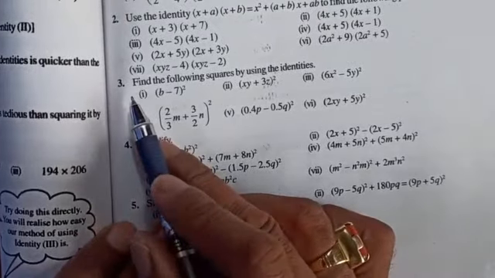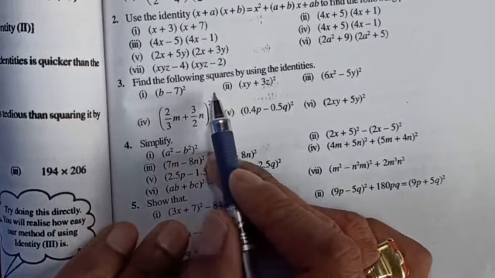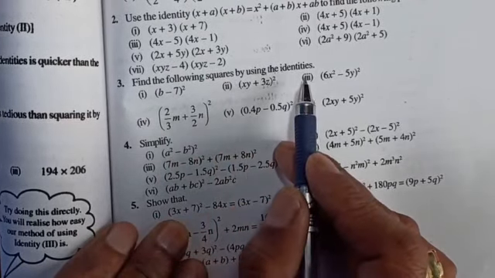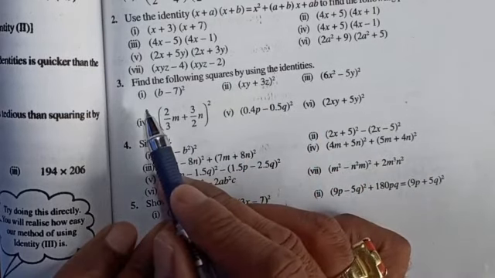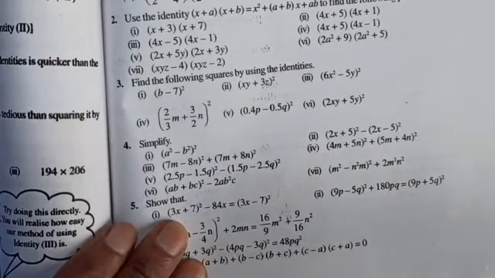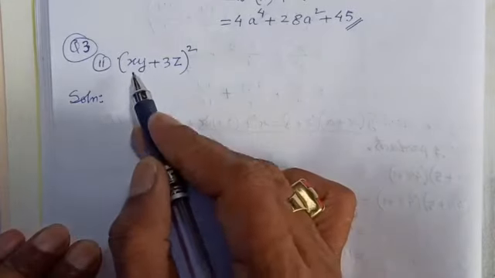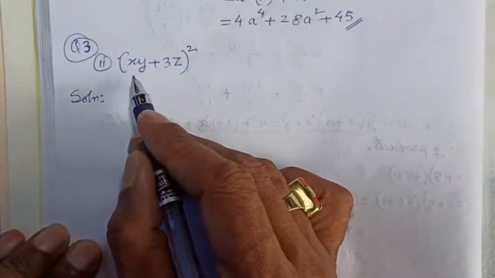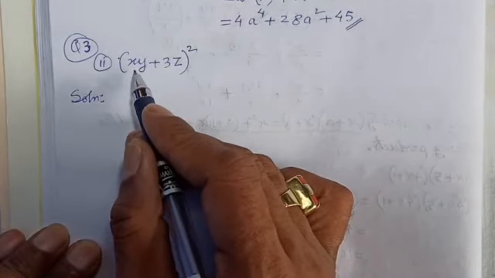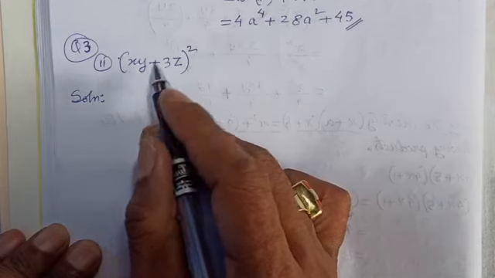Now let's try question number 3. Find the following square by using the identities. Let's try Roman number 2. So to solve this question, we have to use identities, and let's try to find out this value.